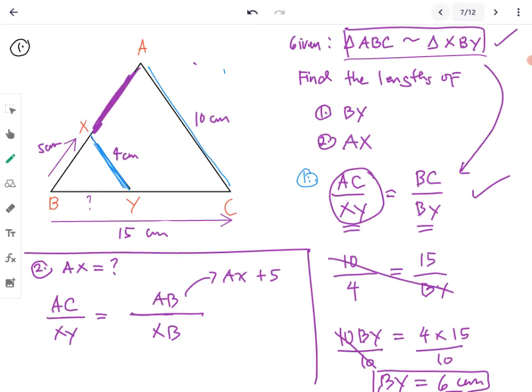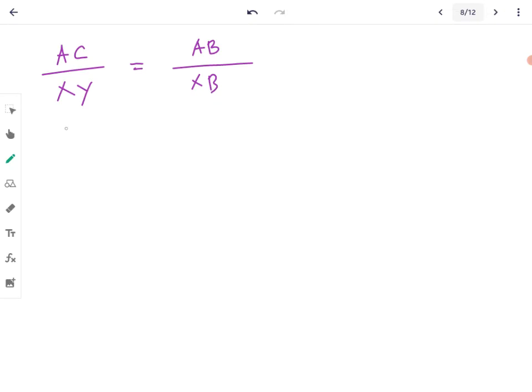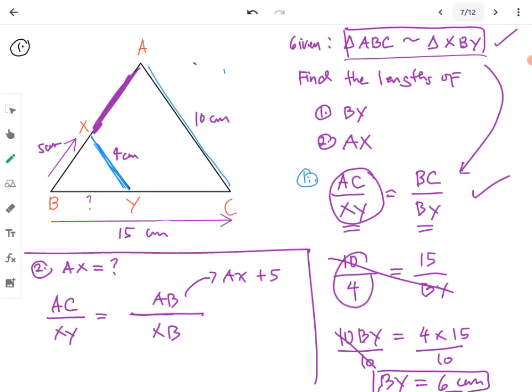And as we have said, we can replace AB with AX plus 5. So we say AC, and from here we can now substitute the available measure AC over XY, that is the same as 10 over 4.